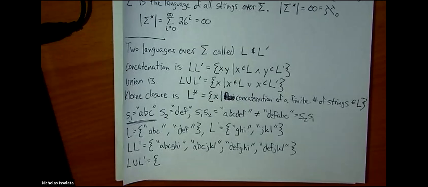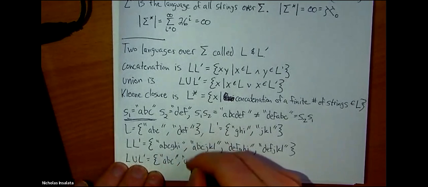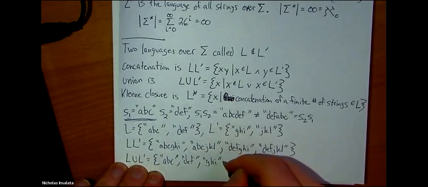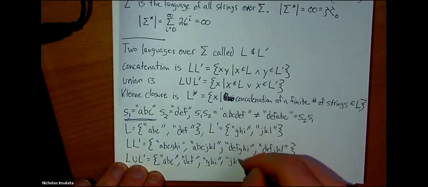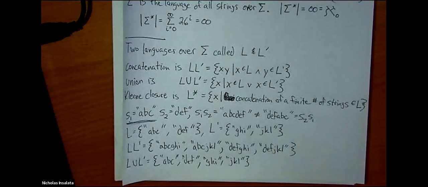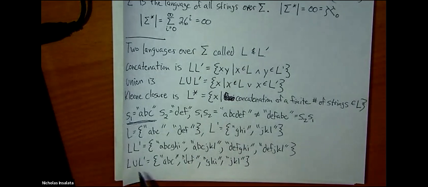So ABC, DEF, GHI, JKL, right? Yeah, JKL, instead of O. Yeah, it's just a typo. Okay, cool. Let me ask you this. What would be the size of the Kleene closure of L?